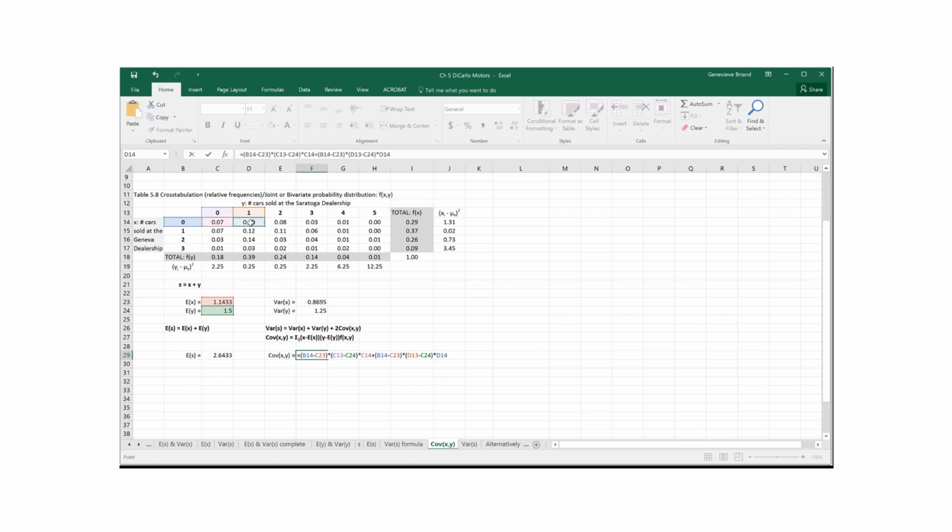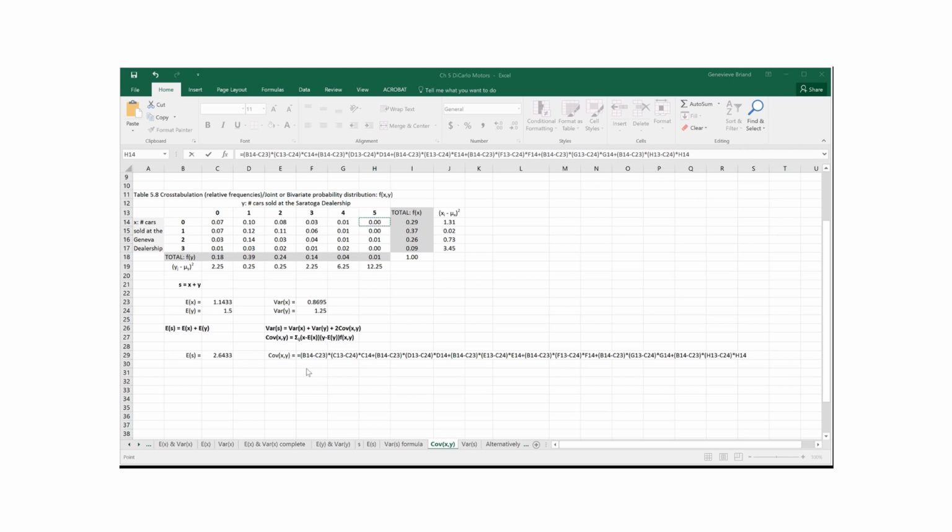And moving on, keeping our X value over here, forgot my parentheses, to get my deviation from the mean times the new value of Y, deviation of that value of Y from its mean, times the frequency of that, or joint probability of that XY combination.